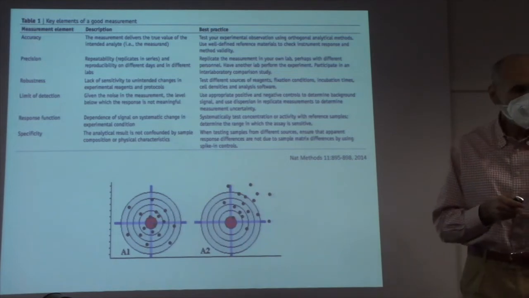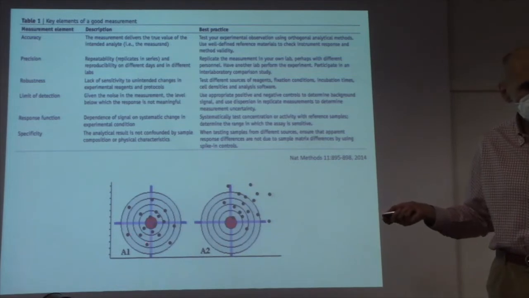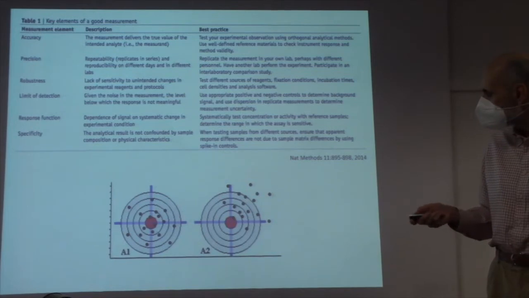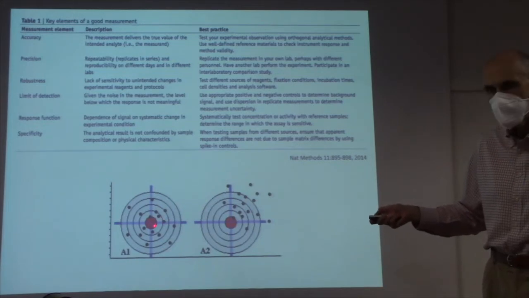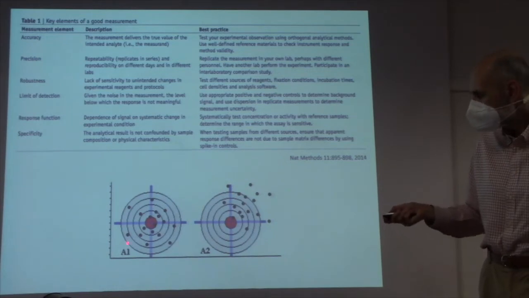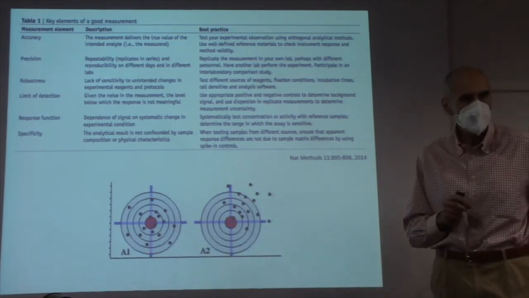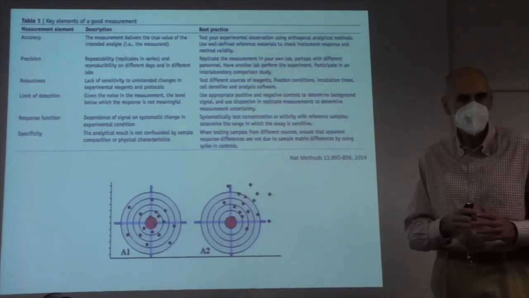Our shots come fairly close to the center, sometimes closer, sometimes less close, but altogether they get to the target, and their average lies just about at the true value. So we can say that to some extent these measures are accurate, because their average is the true value, or very close to it.